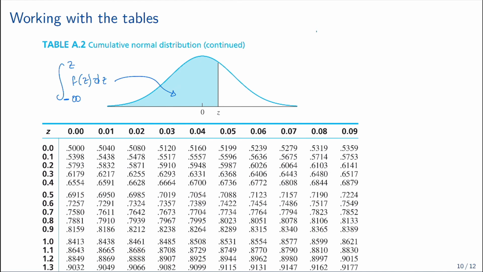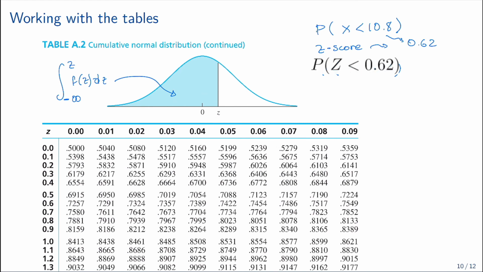If we want to compute the probability of x being less than 10.8, the first thing is to compute the z-score. We know that the z-score of 10.8 is 0.62 from the previous problem. So now we can compute the probability of z being less than 0.62, and that value we can find in the table.